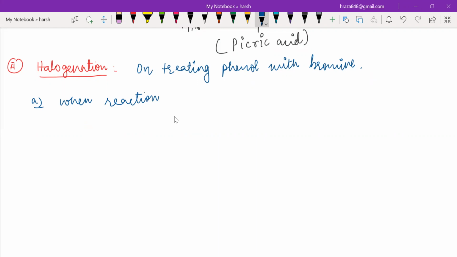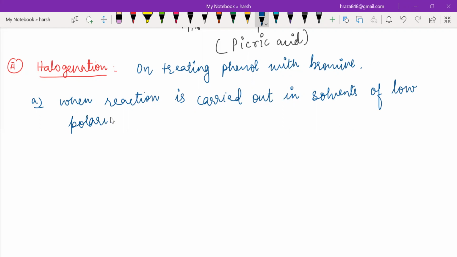The first condition is when the reaction is carried out in solvents of low polarity, such as CHCl3 or CS2, and at low temperature.